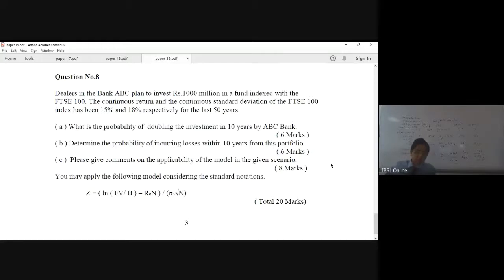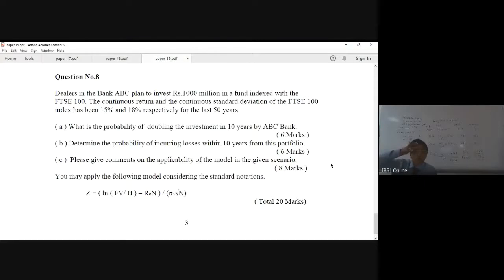Now, in my notes, I have given some of the assumptions in this particular case. As per the assumptions, the data was extracted through certain observations in the last 50 years. That's a considerable period of time.